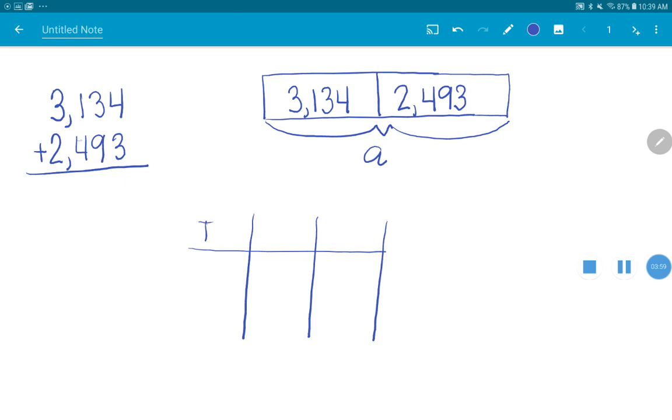I'm going to use thousands, hundreds, tens, and ones. On your work mat, I want you to go ahead and put 3,134 on your work mat using place value discs. 3,134.